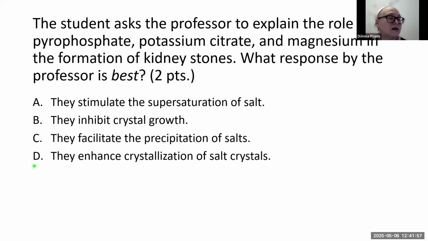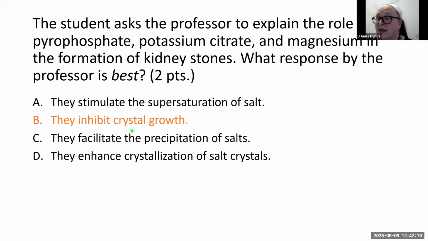Some of these are pretty similar. The best answer here, the most accurate statement that the professor could give, is that these 3 things, pyrophosphate, potassium citrate, and magnesium, inhibit crystal growth.